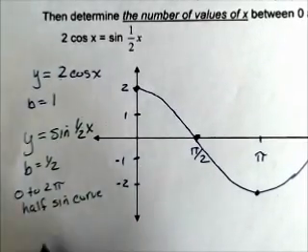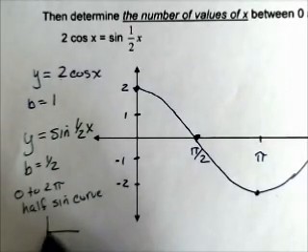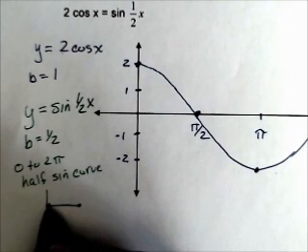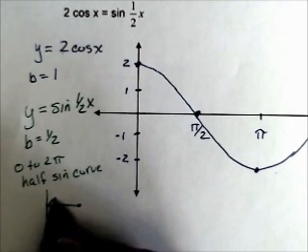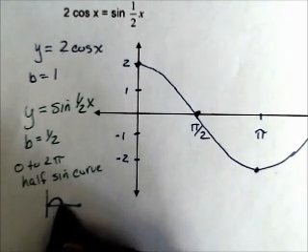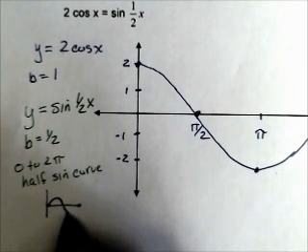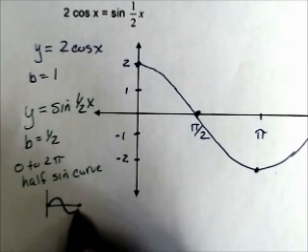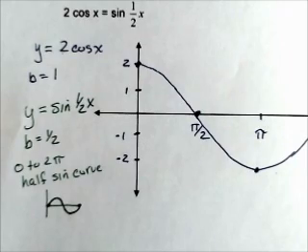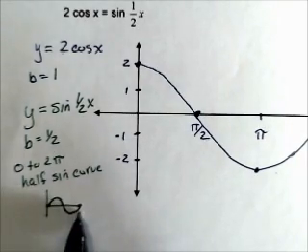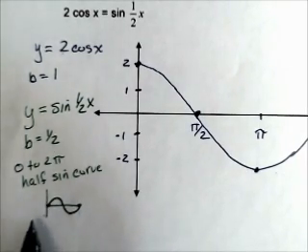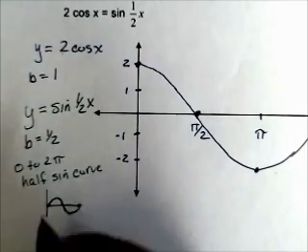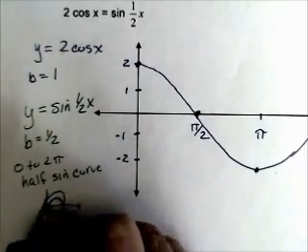So sine would start at the origin, up to the max 1, back to 0, down to the min, -1, back up to 0. This is one complete cycle, but from 0 to 2 pi for y equals sine 1/2 x, we only get half of this.